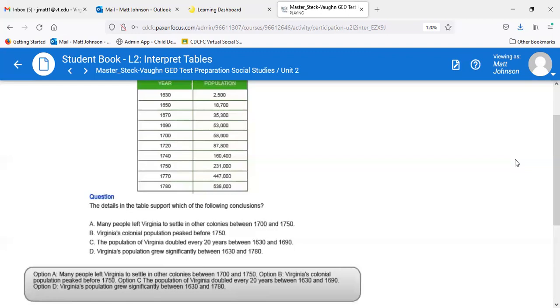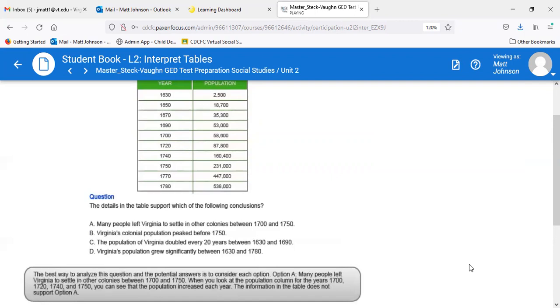Option B. Virginia's colonial population peaked before 1750. Option C. The population of Virginia doubled every 20 years between 1630 and 1690. Option D. Virginia's population grew significantly between 1630 and 1780.